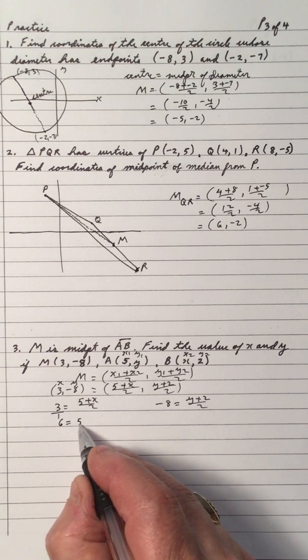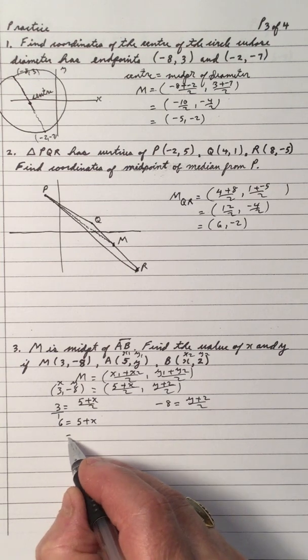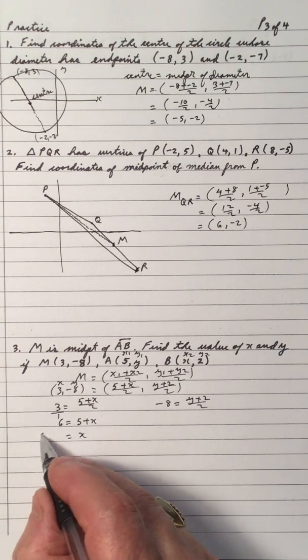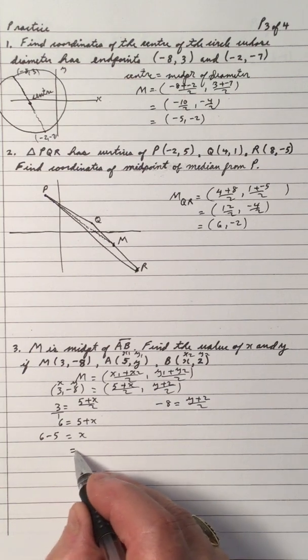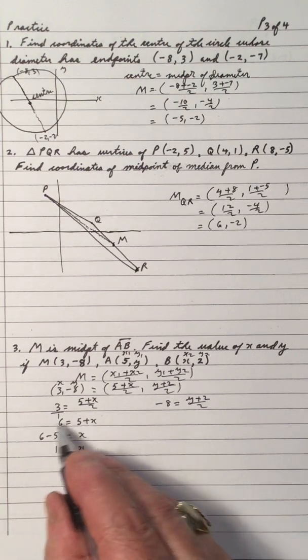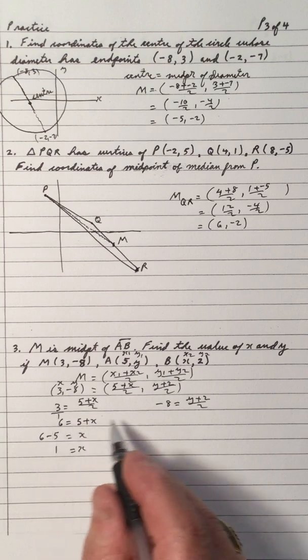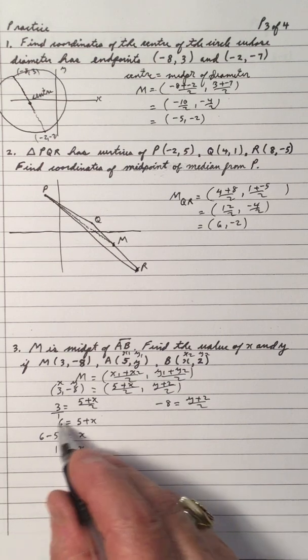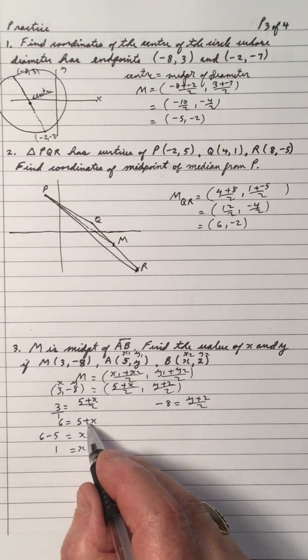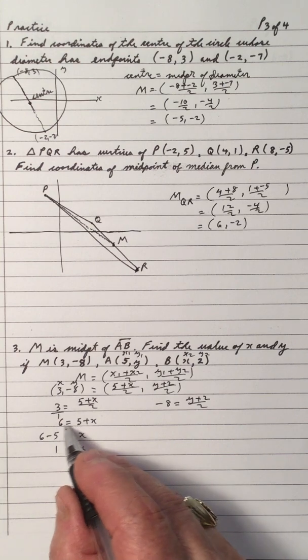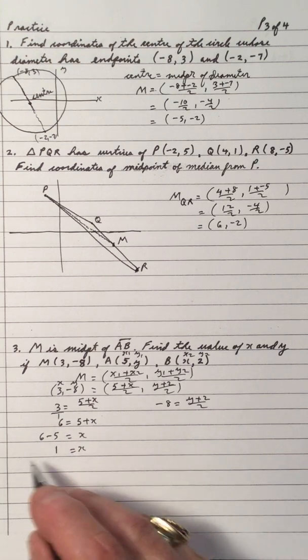6 equals 5 plus x. Now I can leave the x there and just move the 5. It makes it easier. I could move the x to the left and numbers to the right, but if I leave the x where it is, I only have to move the 5 to get the 1. Easy.